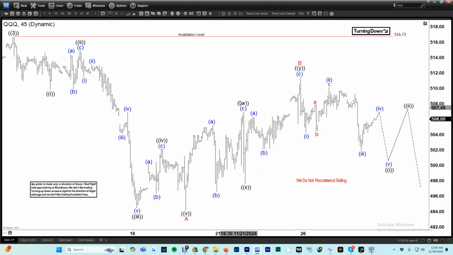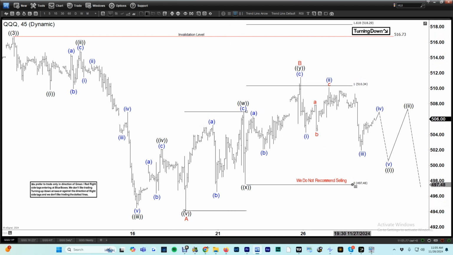This is the characteristic of a corrective structure: a lot of overlapping, sideways zigzagging, no extension whatsoever. You only have 3 waves and then a pullback, and another 3 waves, another pullback. If you measure the extension of this WX, QQQ turned lower from the 100% extension area, where you would expect it to turn if this is a corrective rally.